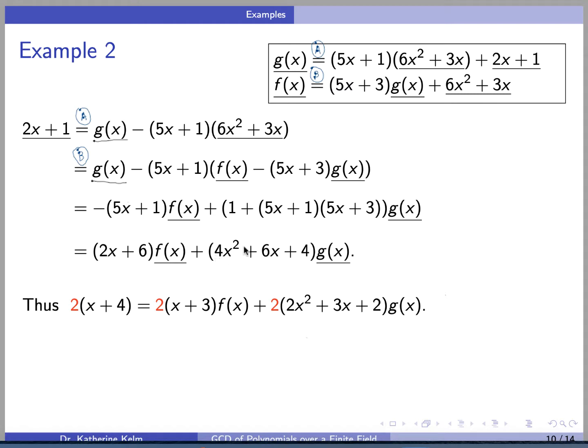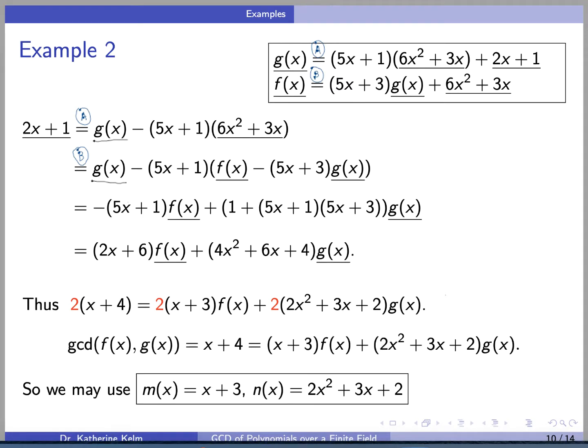And 4x squared plus 6x plus 4 is equal to 2 times the quantity 2x squared plus 3x plus 2. Therefore, x plus 4 is equal to x plus 3 times f of x plus the quantity 2x squared plus 3x plus 2 times g of x. So we may use m of x equals x plus 3 and n of x equals 2x squared plus 3x plus 2.